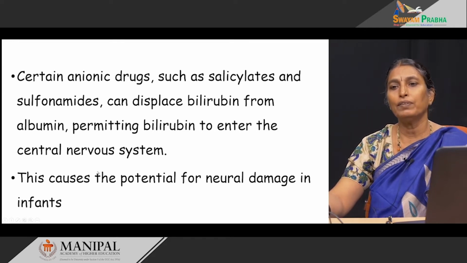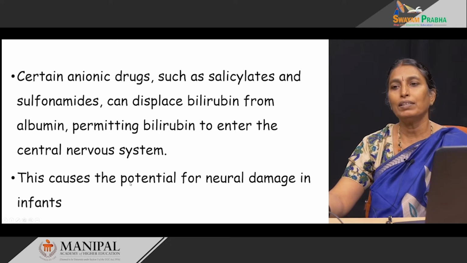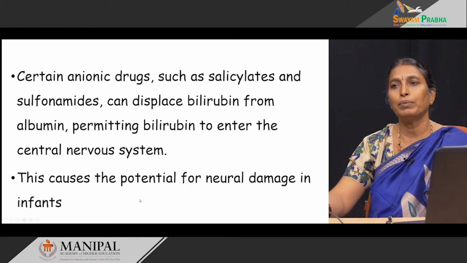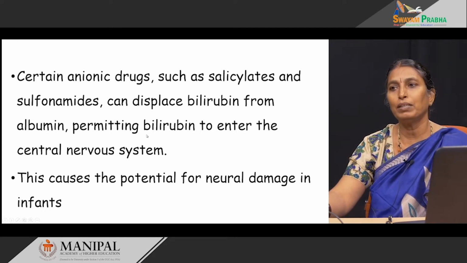In the case of infants, this can cause neural damage. So, this information suggests that whenever there is a treatment for infants for hyperbilirubinemia, we have to take care that the drugs given do not displace bilirubin from albumin and permit the bilirubin to enter the central nervous system.